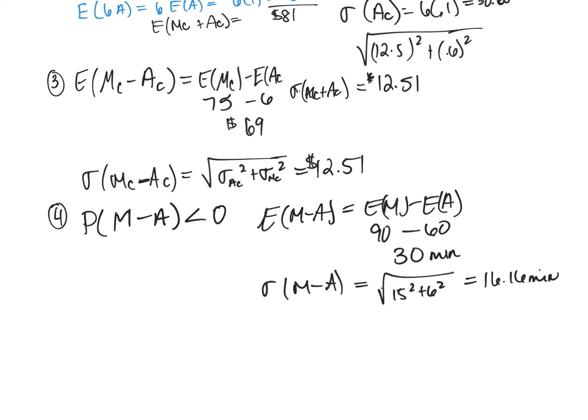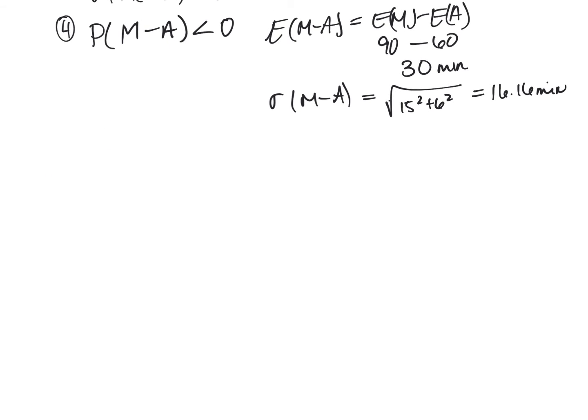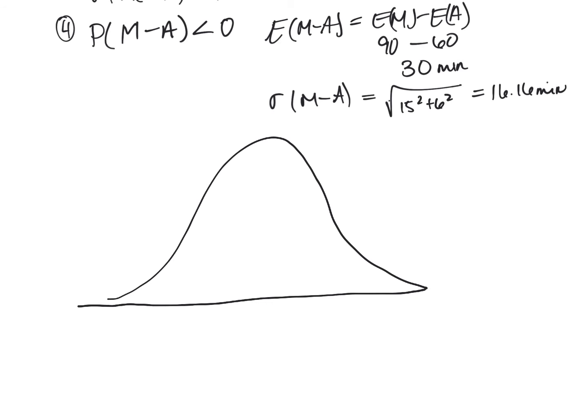If I have a mean and a standard deviation, and I'm asked for the probability, what do I use? The normal model.